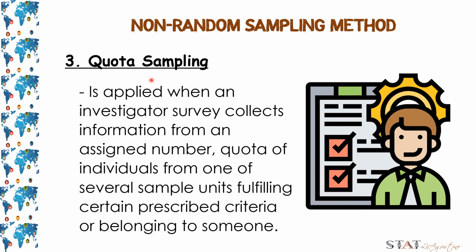And then how about the quota sampling? It's applied when an investigator collects information from an assigned number quota of individuals from one of several sample units fulfilling certain prescribed criteria or belonging to some group. So that is the quota.